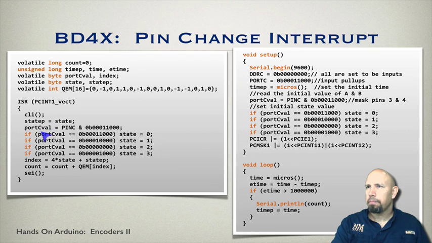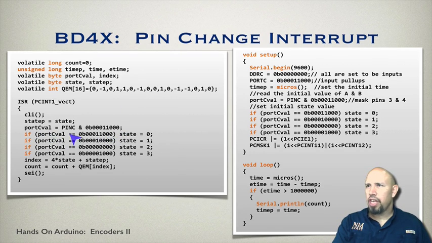For port C val, I'm going to read port C, and then I'm going to mask off. I'm going to AND with this binary vector in order to just pick off these two bits. That's how I'm going to isolate that. I'm going to call that port C val.